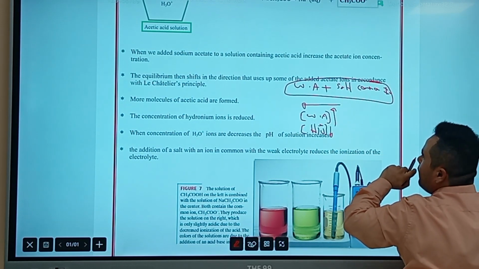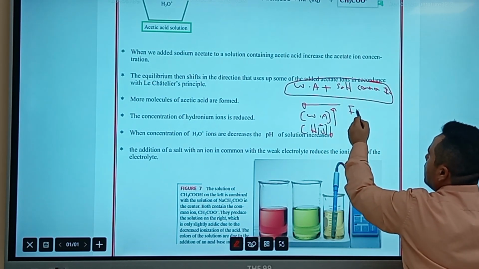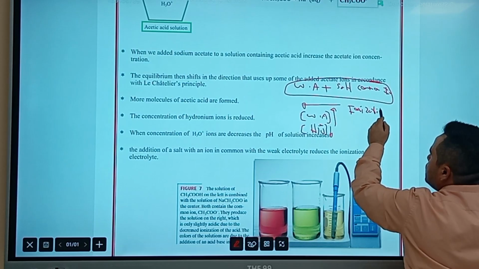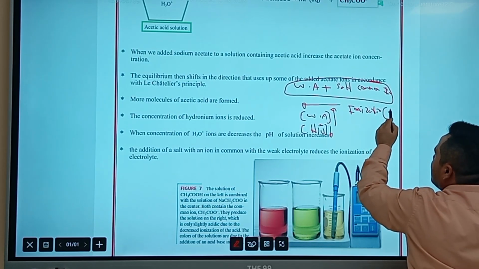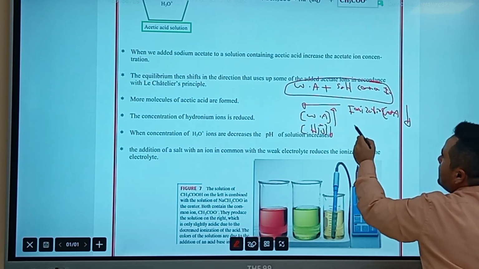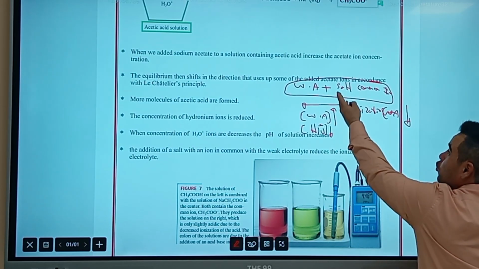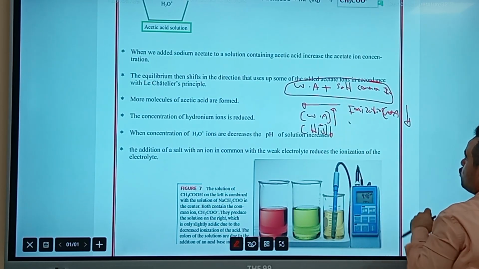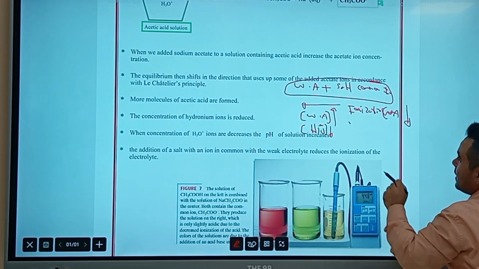As the concentration of hydronium decreases, we can also say the ionization of the weak acid reduces. The non-ionized molecule is the same as the concentration of weak acid, which increases.